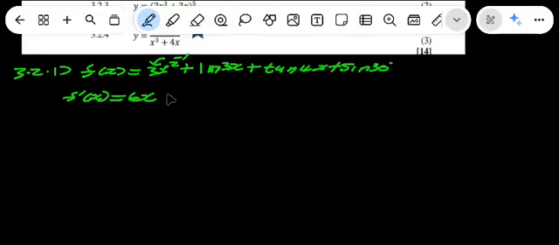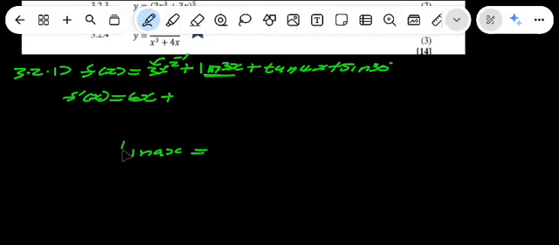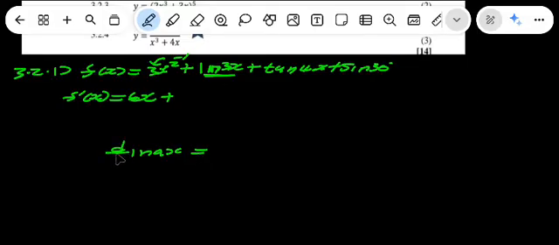Alright, you have plus. Now when it comes to ln, how do you differentiate ln? Let's say you're given ln ax. How do you find dy over dx of a ln?